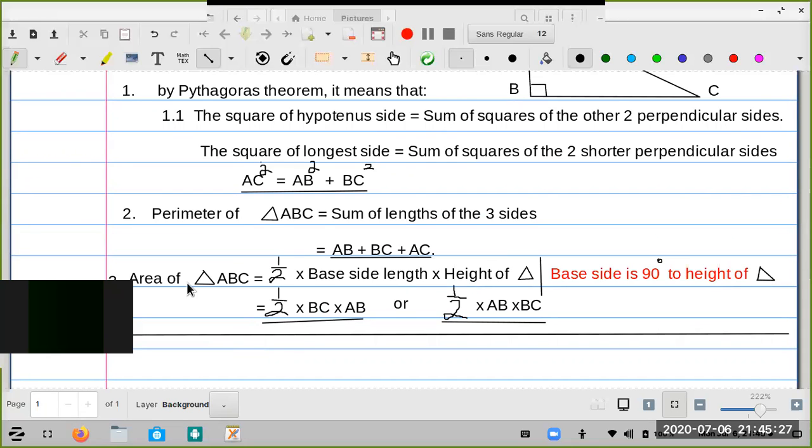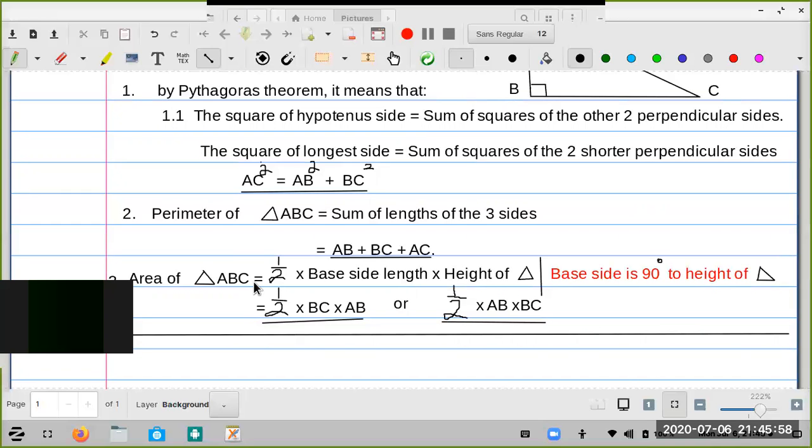Then number 3, area of triangle ABC. We are using this triangle that we are given, right? And we are informed that the triangle is a right-angled triangle. We shall also be dealing with triangles that are not right-angled, right? So get me right there. For now, we are dealing with a triangle which is right-angled.